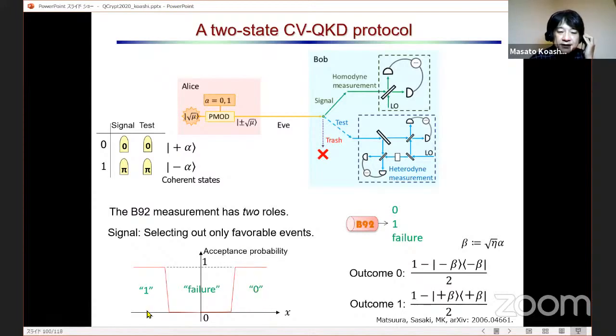If you obtain this outcome, then you are pretty much sure that the bit is 1. But if you have an outcome here, then you are not certain about the bit value. In this case, you can always define it as a failure. So this red curve here is a kind of acceptance probability. In this way, for the signal part, the homodyne measurement can mimic the B92 scheme.